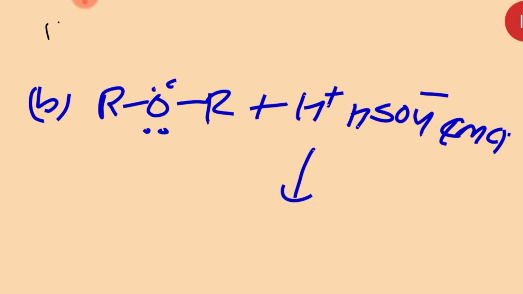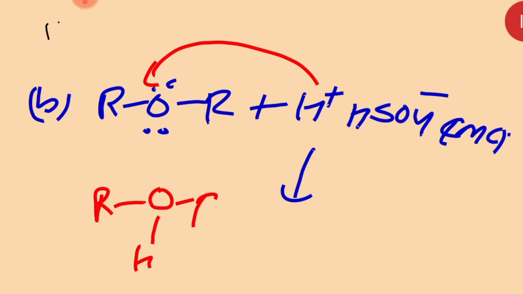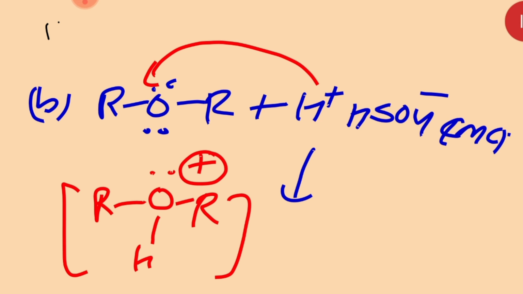This pair will be caught by the O, then it will become ROHR with a positive charge, along with HSO4 negative. Clear? Here also we have used the ethereal oxygen. Now this part is over for the ethereal oxygen.